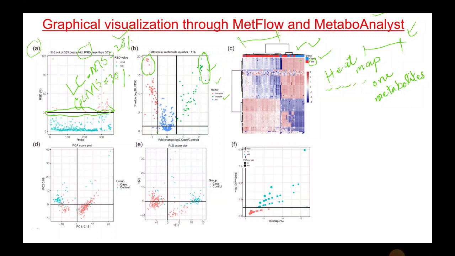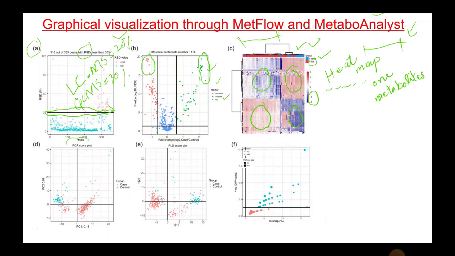So here one line represents one metabolite. This is being upregulated and this is being downregulated, and similarly these are downregulated, as you can see through this key, and here they are upregulated. Similarly, the heat map is used as we have used in transcriptomic studies.